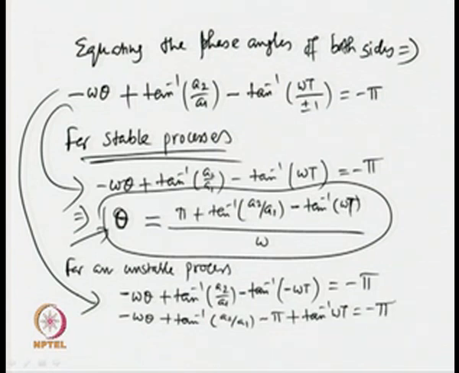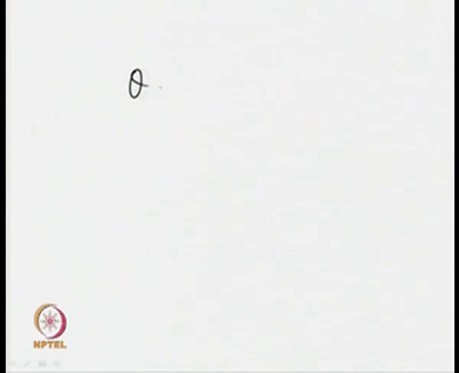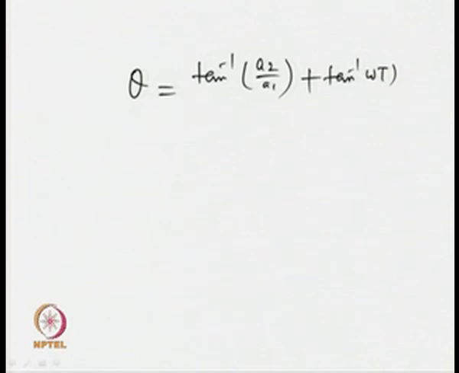So, like the earlier case now, finally, I can have this minus pi on both sides cancelled out, giving me theta is equal to tan inverse A2 by A1 plus tan inverse omega t divided by omega.